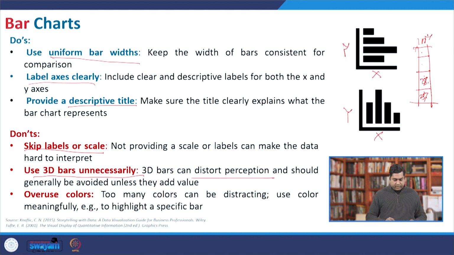That should be avoided. And unnecessarily do not use too many colors to make it beautiful. It is much more important to make your graph readable and comprehensible, rather than using so many colors assuming it will look beautiful if we use multiple colors.